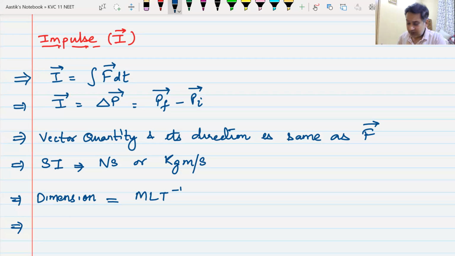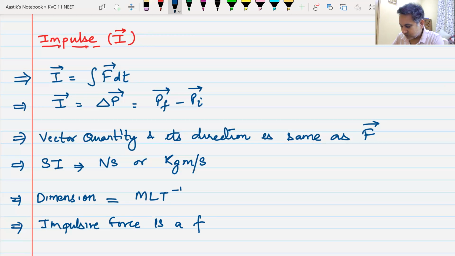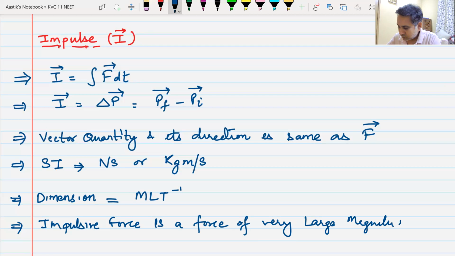Then sometimes you will hear this term impulsive force. So let us write impulsive force also here. Impulsive force is a force of very large magnitude acting for a small time.